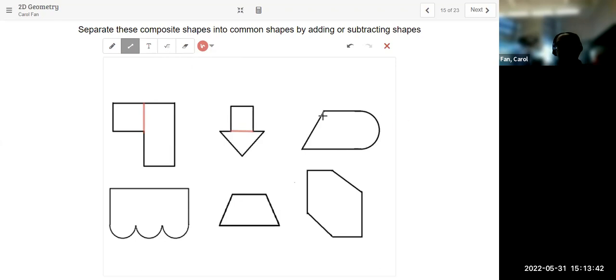This odd-looking shape, I can cut it up into a triangle, a rectangle, and a semicircle. Now, I don't know the equation of a semicircle, but if I know what the area of the entire circle is, then I can divide it by 2 to get a semicircle.